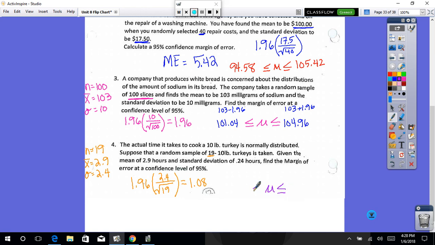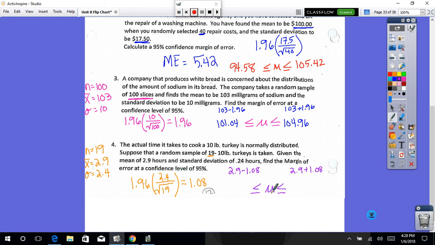Okay, to find our confidence interval, we will add and subtract it to both sides. Okay, so we have an average right here of 2.9 hours is what they said. So we subtract the margin of error on the left and we add it on the right.